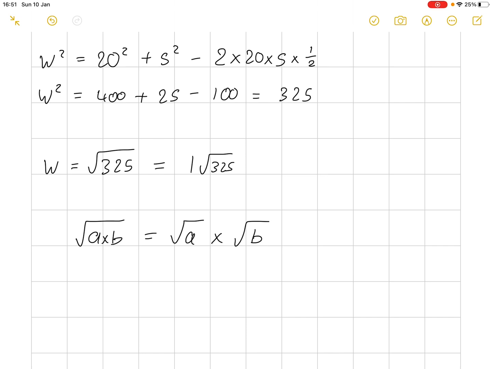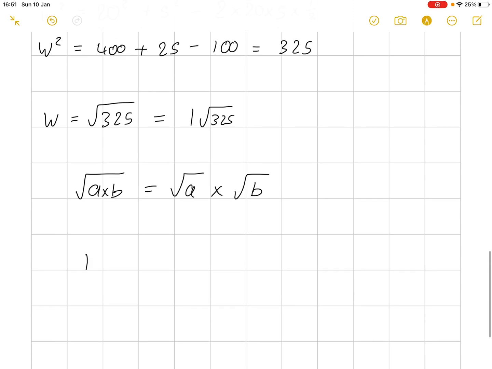And of course, to make this easier for ourselves, what we should look at is if we can write 325 as a multiple of some squared number. So first of all, let's list off the squared numbers. We have 1, 4, 9, 16, 25, and so on.